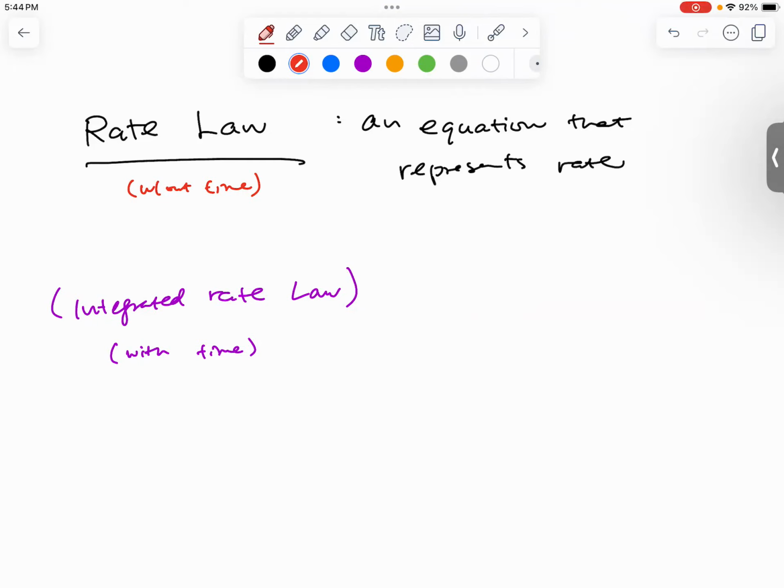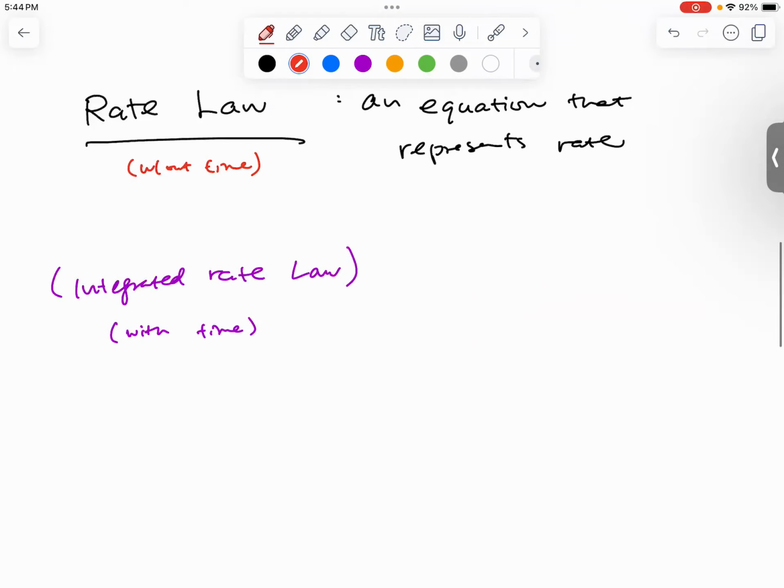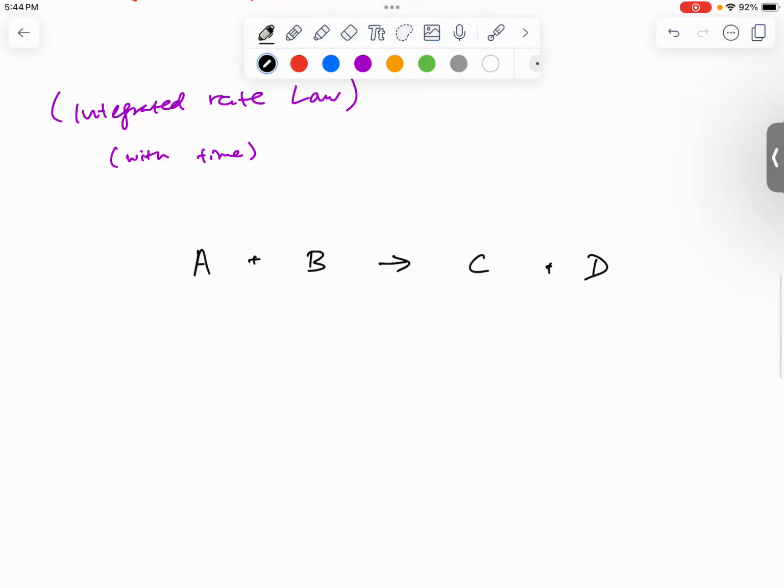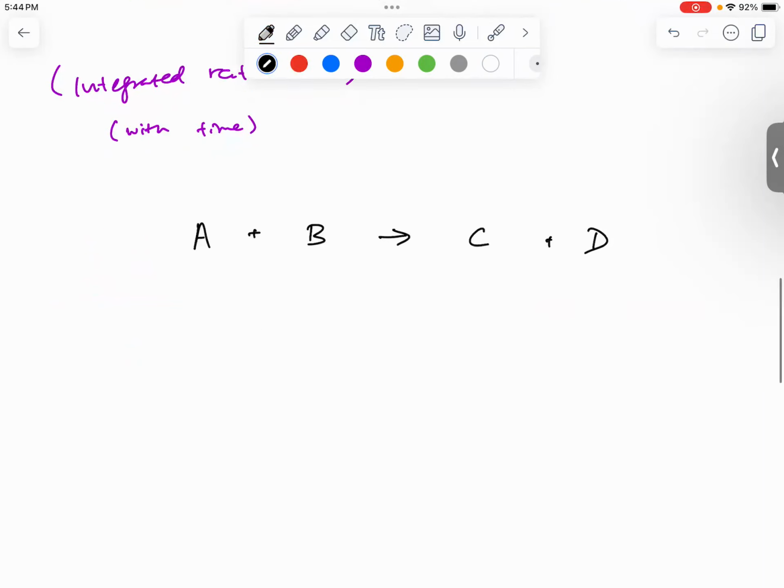Now, if you have a reaction of, say, A, B to make C and D, for example, it is possible to have something like this.